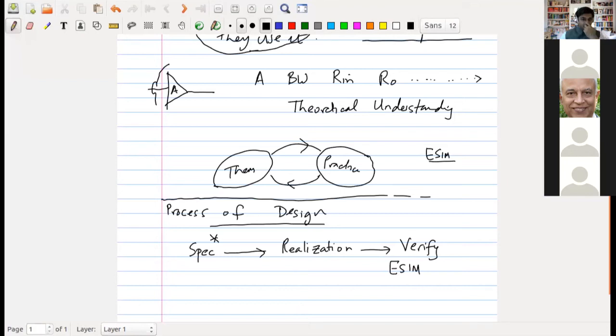You realize, you verify. If your circuit is not achieving its goals, then you need to go back and change your realization. Yes. Or maybe you give up. You say it's not possible. You go back and change the specification. Yeah.